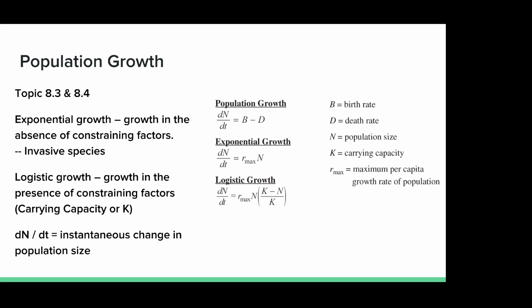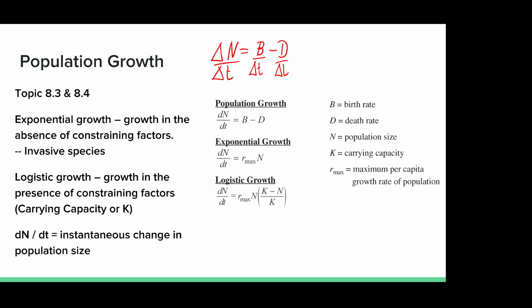Population growth, it's the growth of a population. There are many different ways to start this, but basically, population size equals births minus deaths. So if you wanted to calculate a population growth, you would take the change in the population over a time period, and then you do the same thing for each of these.